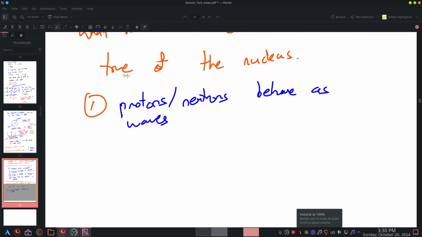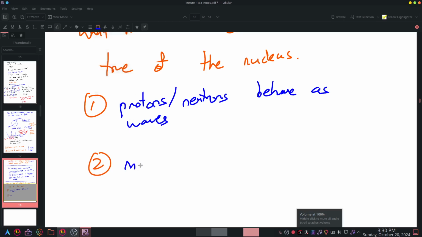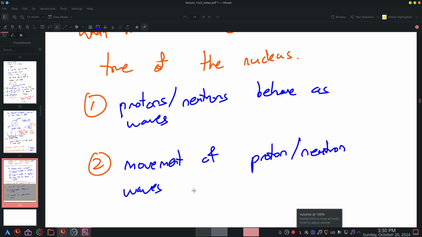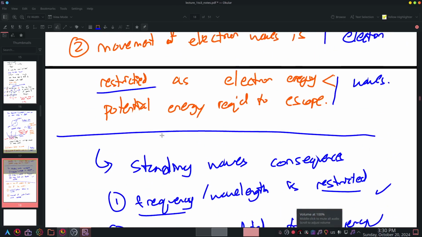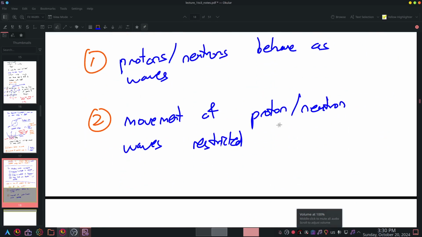Number two, movement of proton-neutron waves is restricted by attractive forces in the nucleus.